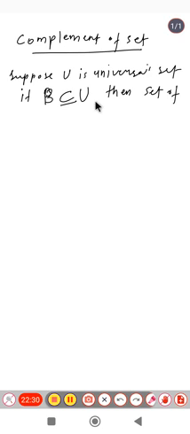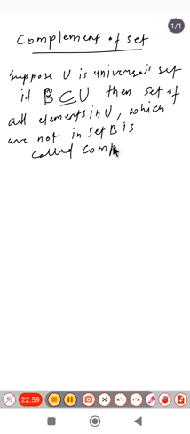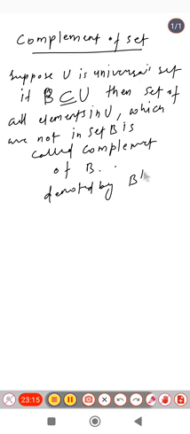Then the set of all elements in U which are not in set B is called the complement of B and is denoted by B dash.